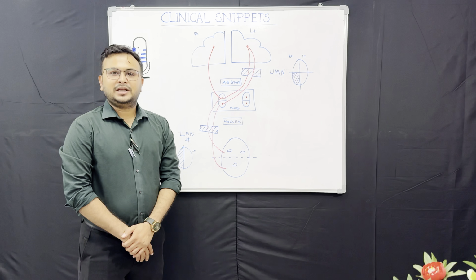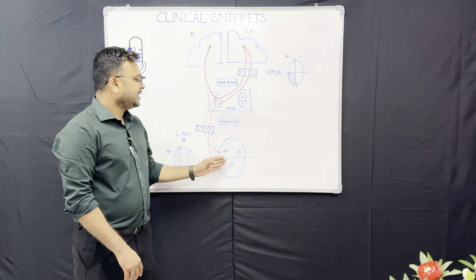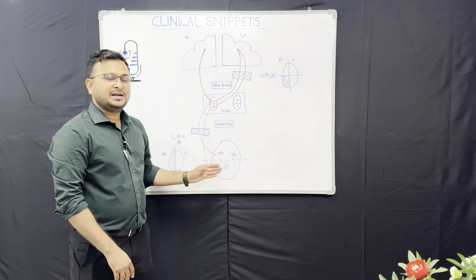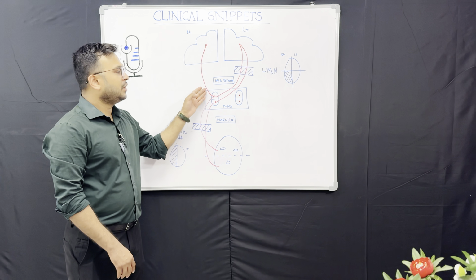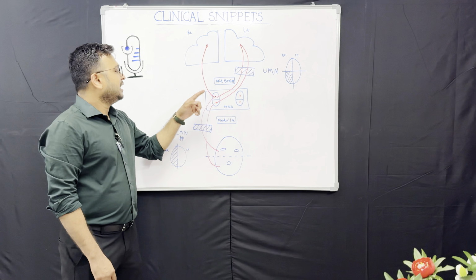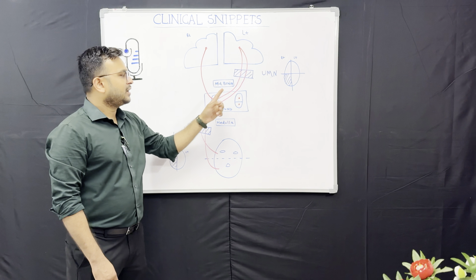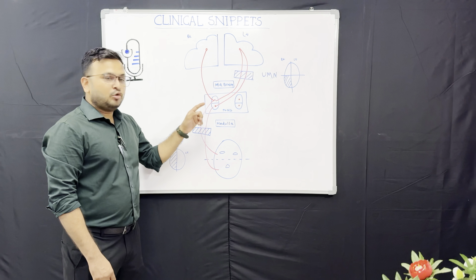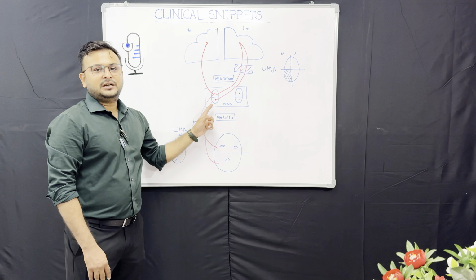Now, coming to the clinical aspect of the seventh cranial nerve, basically the face is divided into an upper part and a lower part. Similarly, the nucleus in the pons is also divided into an upper part and a lower part. The upper part is innervated by both the ipsilateral side and the contralateral side, and the lower part is innervated only by the contralateral side.